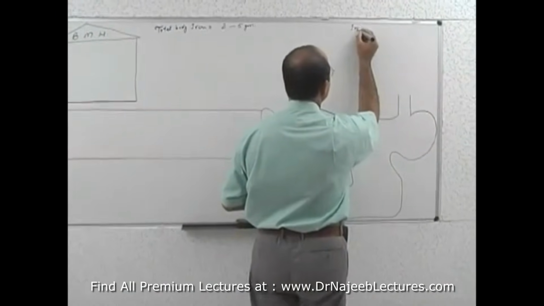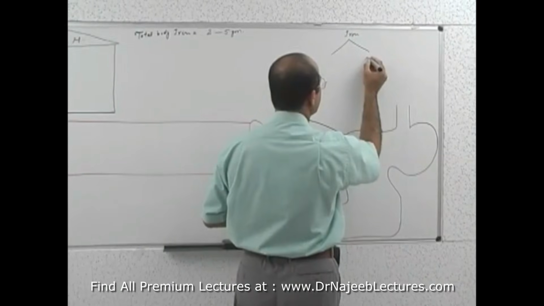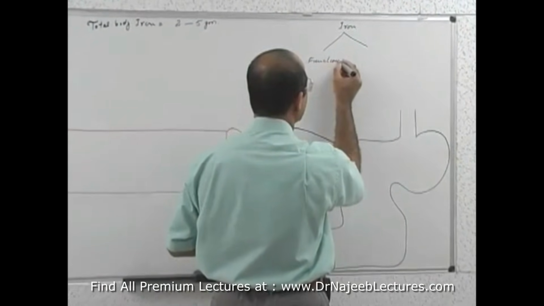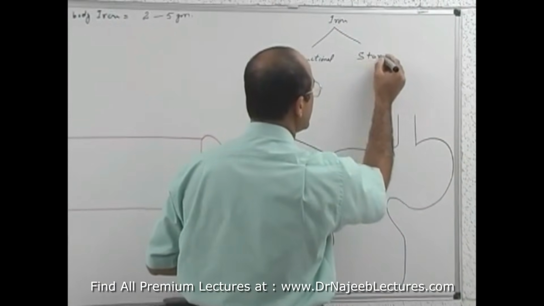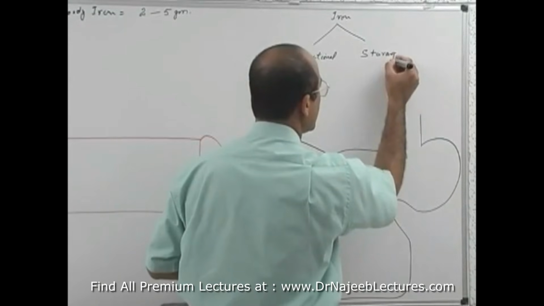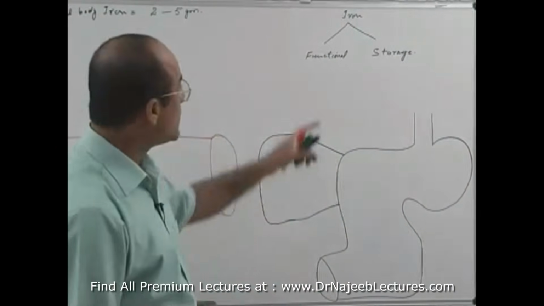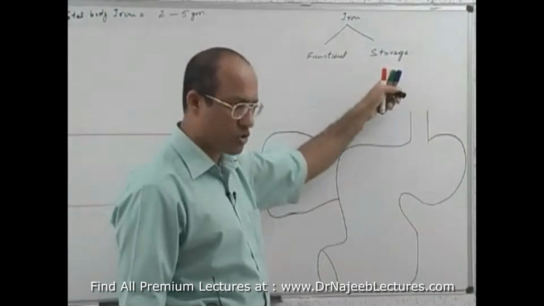Number one is the functional form of iron. Number two is the storage form of iron. The iron in your body is either functionally active right now or some of it may be stored.